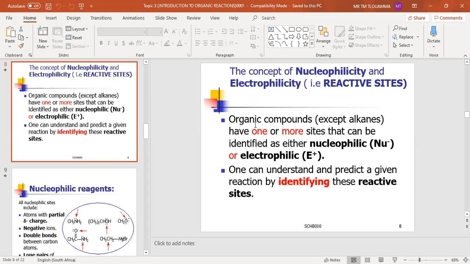One can understand and predict a given reaction by identifying these reactive sites, meaning that they're going to give you the reaction sites, and then they ask you whether this is nucleophilic or this is electrophilic. So it's your responsibility to check at your electrons or at your compounds, and then be able to know, is this nucleophilic or is this electrophilic.